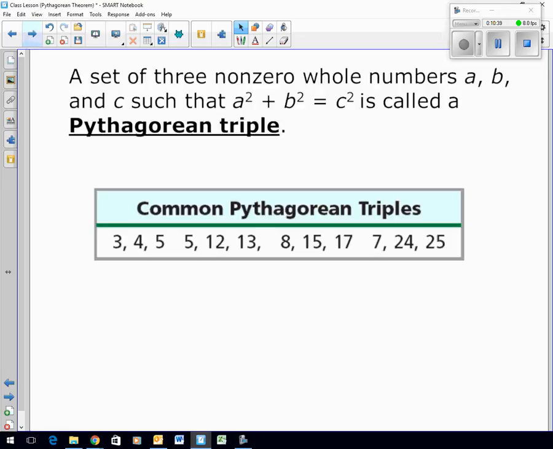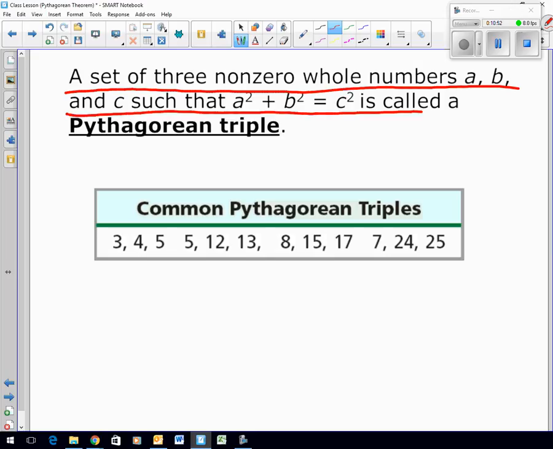We now have something that we call a Pythagorean triple. I want you to write this down. A set of three non-zero whole numbers, a, b, and c, such that a squared plus b squared equals c squared, is called a Pythagorean triple.